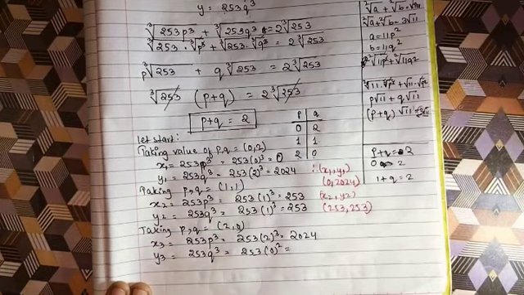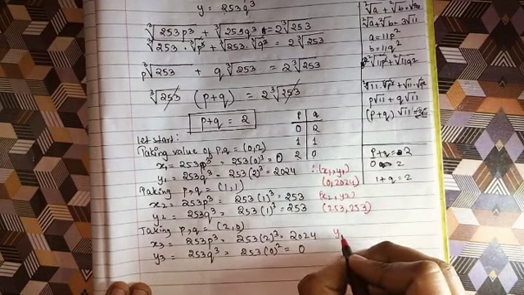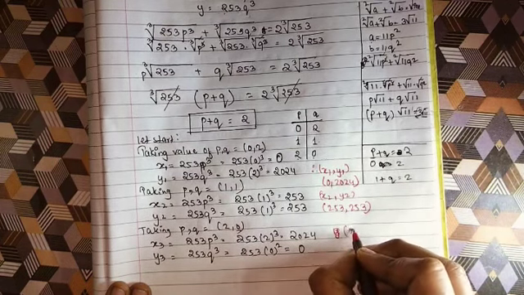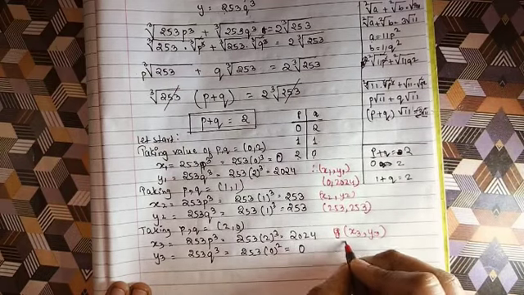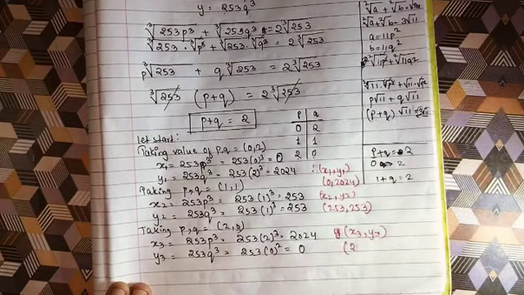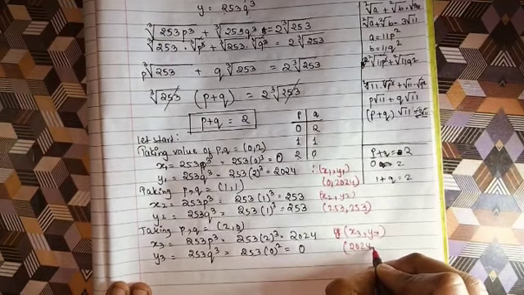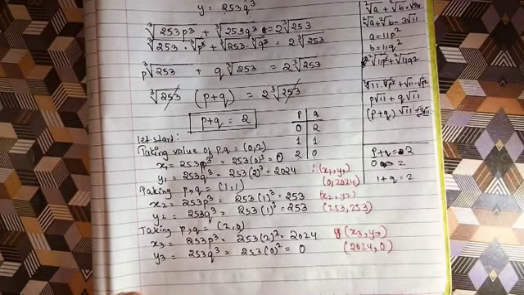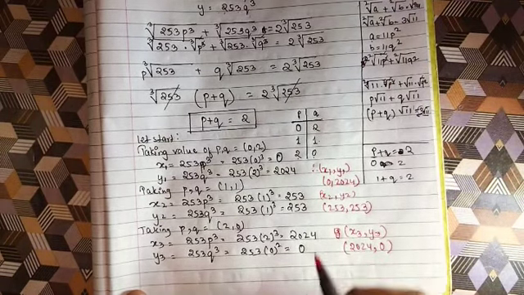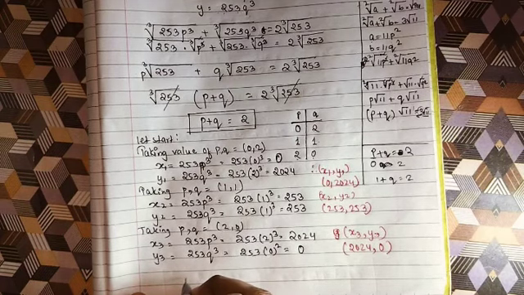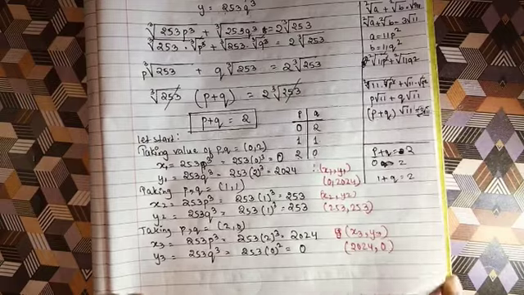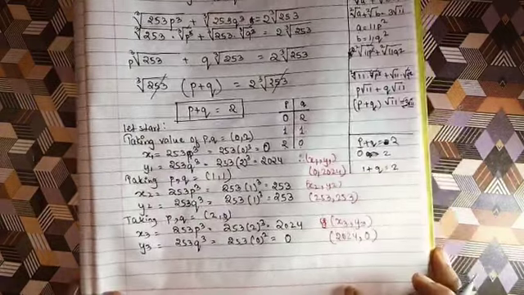Anything multiplied by 0 is 0. So the third value of x and y is 2024 and 0. Therefore we have three values of x and y.